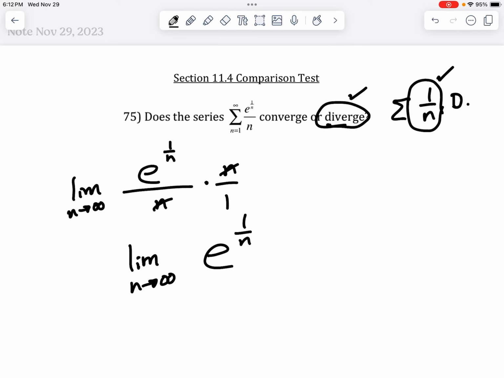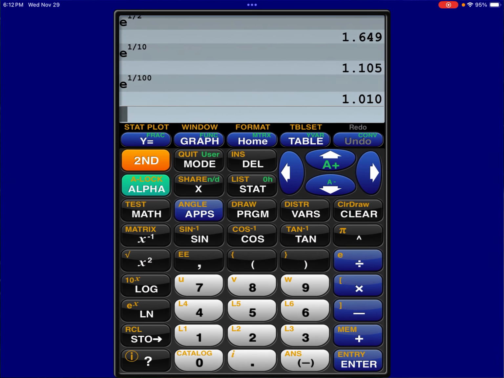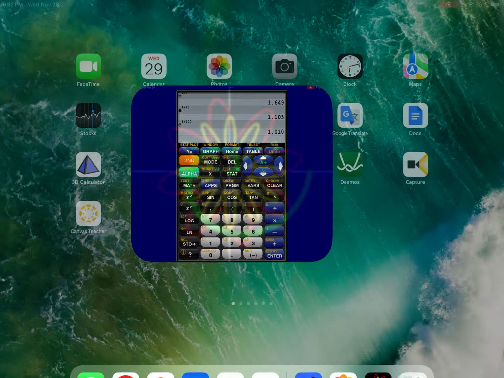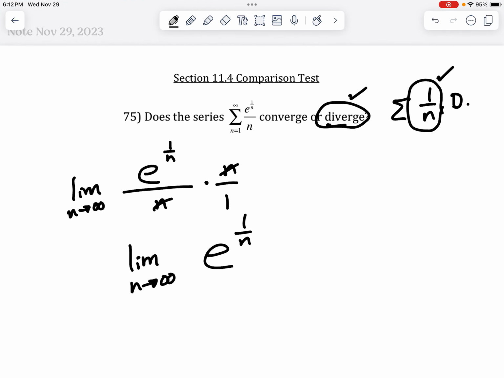I was just seeing that on the calculator. As the n gets bigger and bigger, these answers are getting closer and closer to 1. So why is that? If n is going to infinity, then this is becoming 1 over infinity, and 1 over infinity becomes a 0, and then e to the 0 is equal to 1.